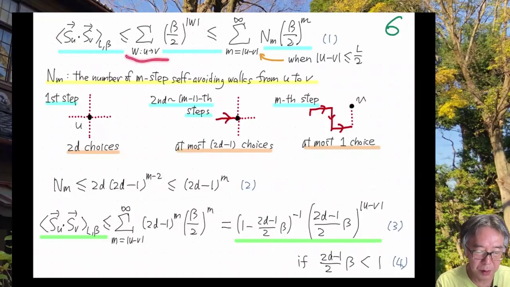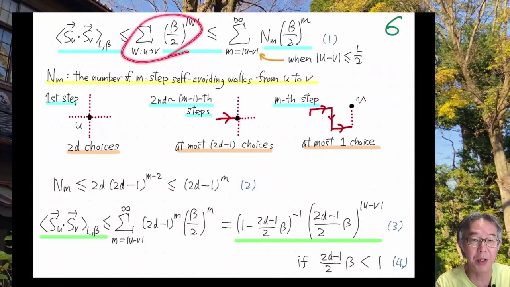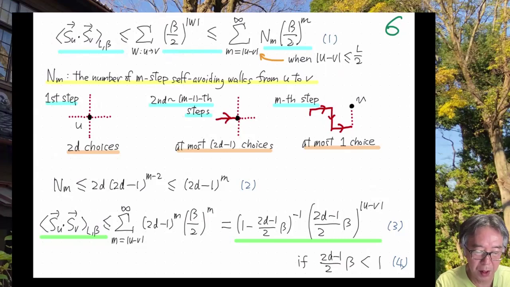So we want to evaluate this summation over all possible random walks. And then this is upper bounded like this. Okay, so first of all, I note that the number of steps of a random walk connecting U and V, when this is valid, must be at least the distance between them. Could be larger than that.